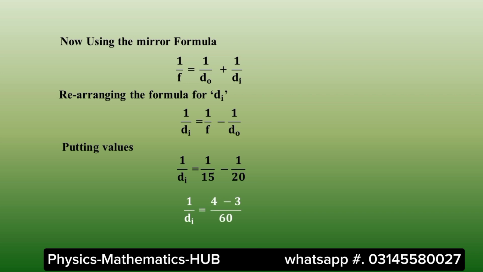Taking LCM, which is 60, we get 1 over di is equal to (4 minus 3) divided by 60. Further simplification gives 1 over di is equal to 1 over 60, or di is equal to 60 centimeters.